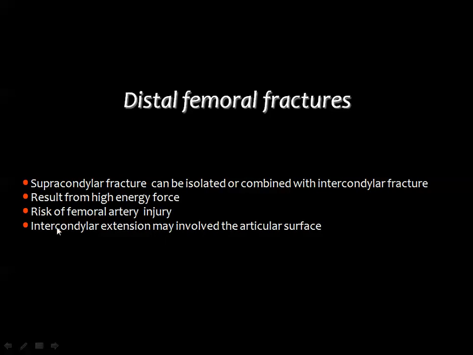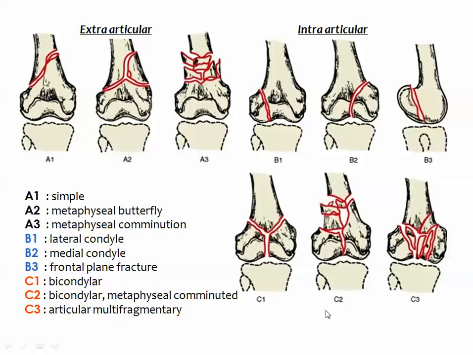There is a risk of femoral artery injury, and the fracture may extend to involve the articular surface. And you remember, this is one of the bad issues concerning any fracture, its extension to the articular surface. And extra-articular fractures like this are type A1, A2, and A3, simple or branching or comminuted.